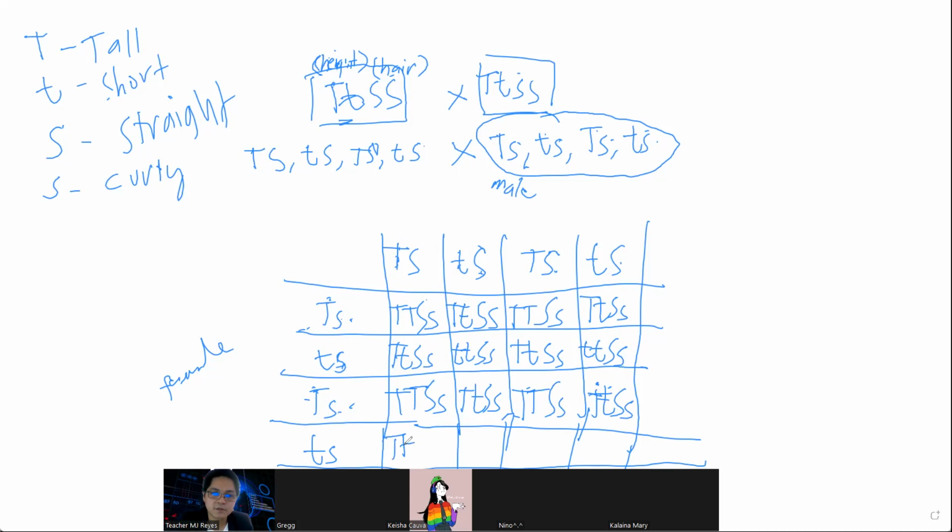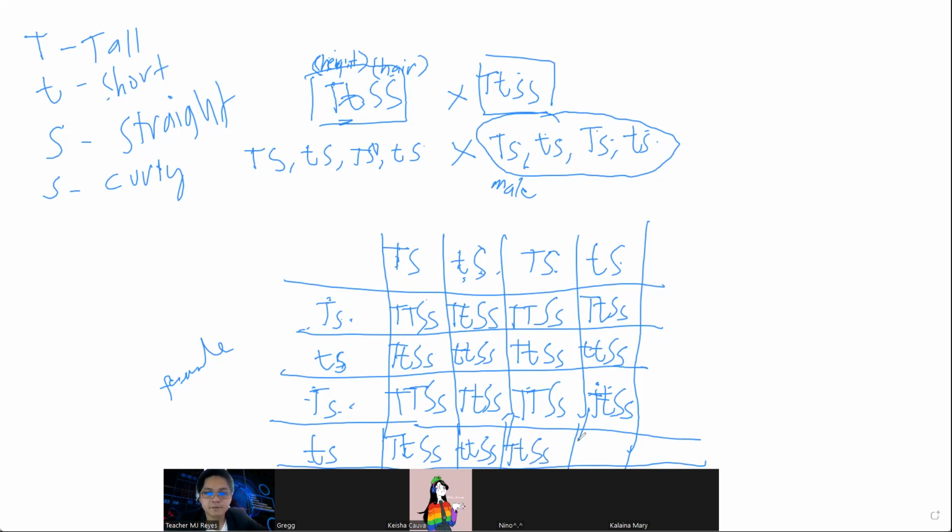Heterozygous tall to heterozygous straight. So small letter t and small letter t, therefore it is short. So we have a short organism with heterozygous straight hair. Heterozygous tall to heterozygous straight hair.